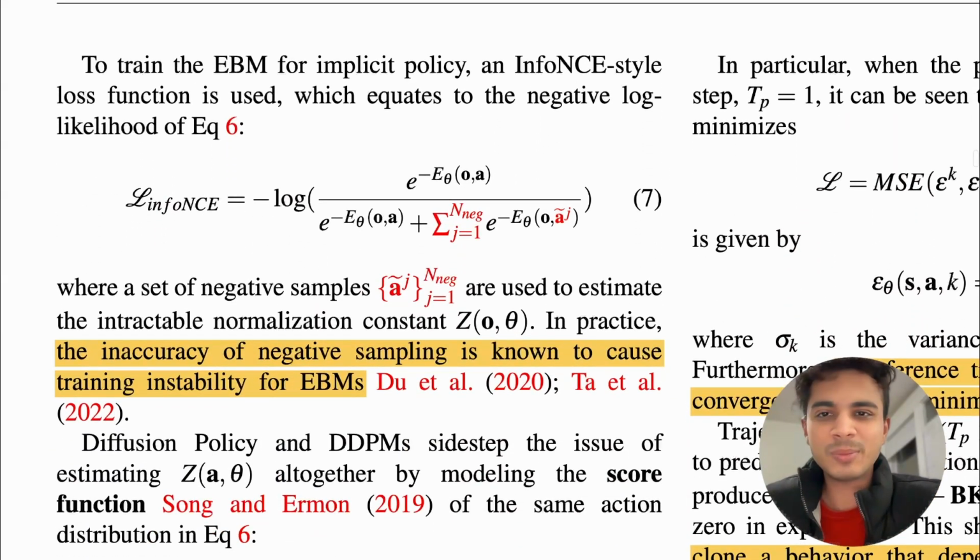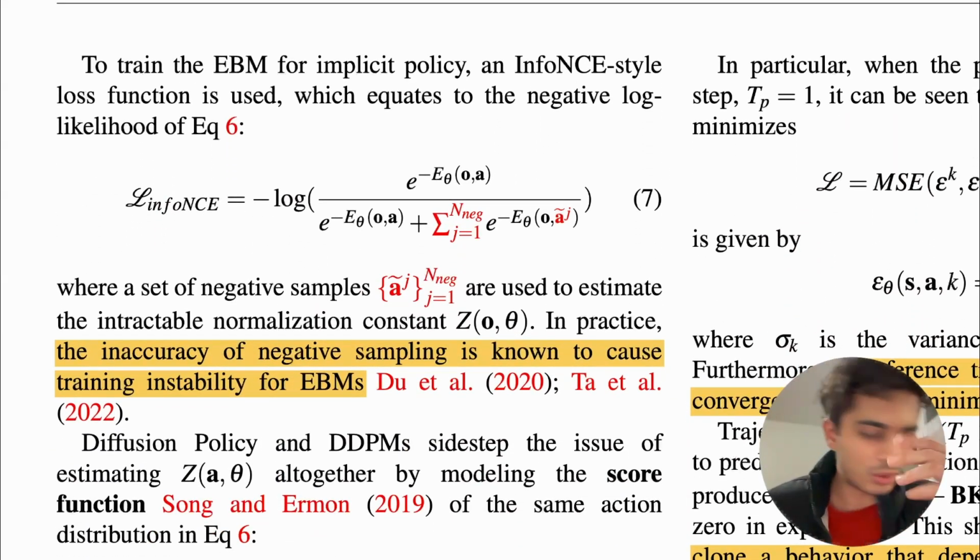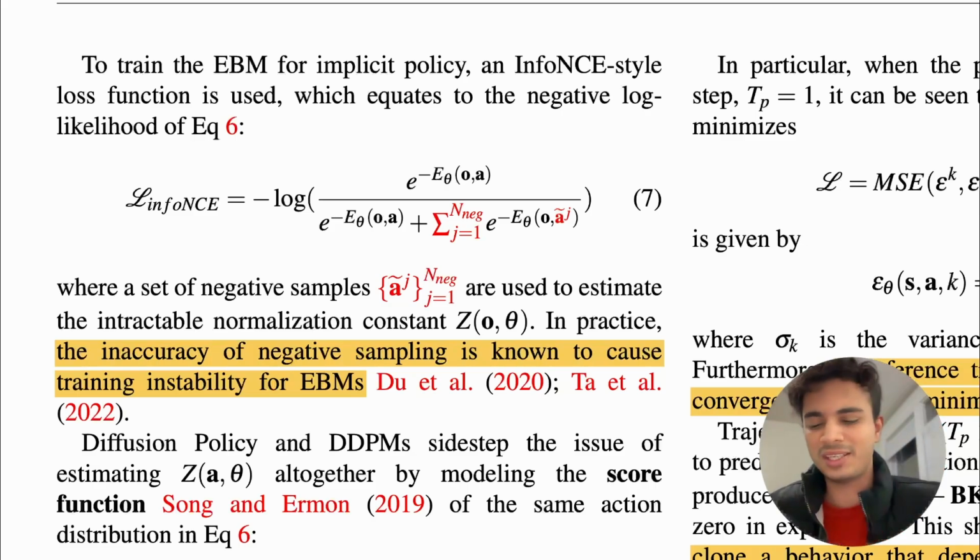So to train the EBM for implicit, just to summarize, let's consider this normalization constant to be some sort of a benchmark, which is of course very tricky to estimate. Now, what we do here is we want to eliminate it somehow.